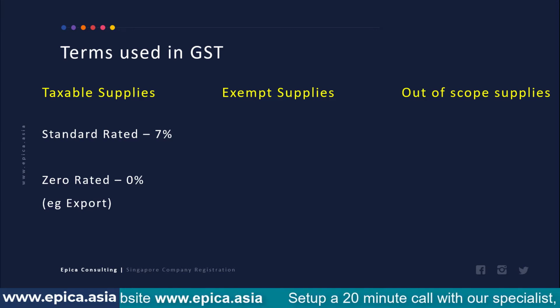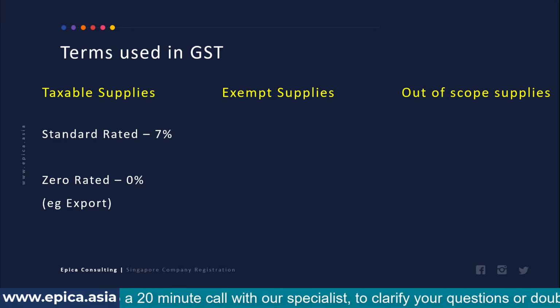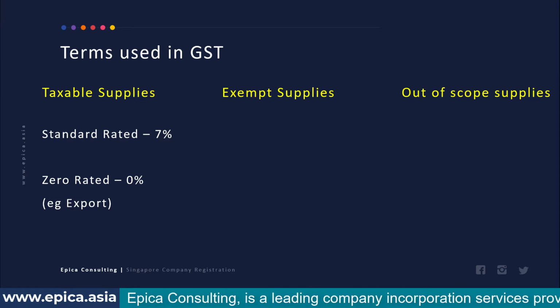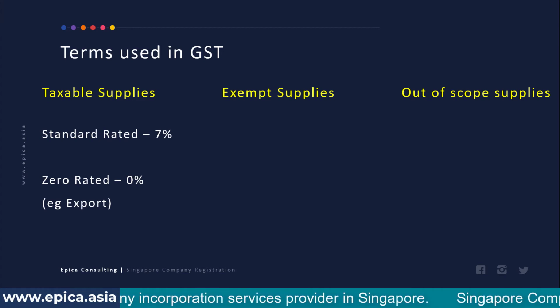So the goods sold in Singapore which attract 7% GST are standard rated goods. Whereas when you sell goods that attract 0% GST, they are called zero rated goods. What is an example? Let's say you buy something in Singapore and now you are exporting it to another country. You have got an order from maybe Indonesia to supply, let's say, 100 laptops, and you are exporting those laptops from Singapore.